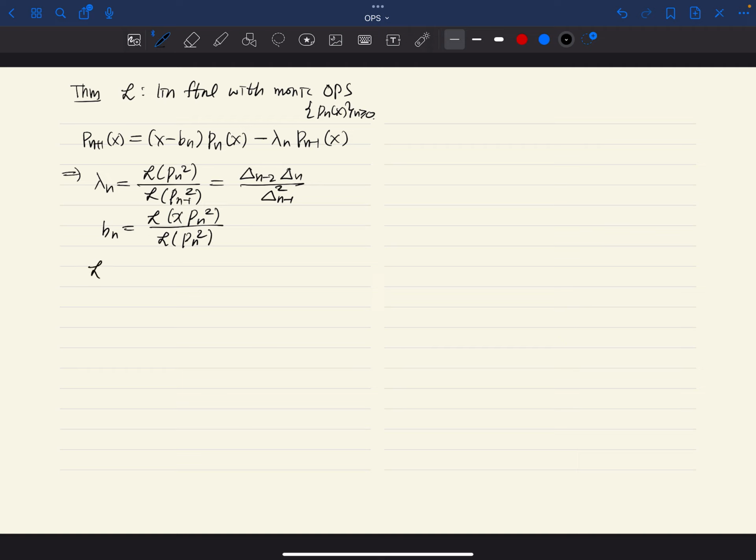And L of Pn x squared equals lambda 1 dot dot dot lambda n, or they're all the same, and delta n is the product of lambdas in this way.